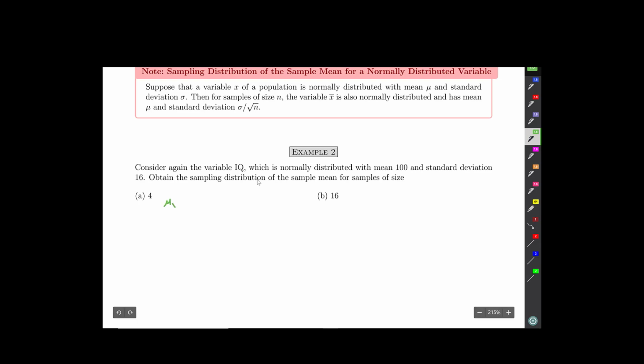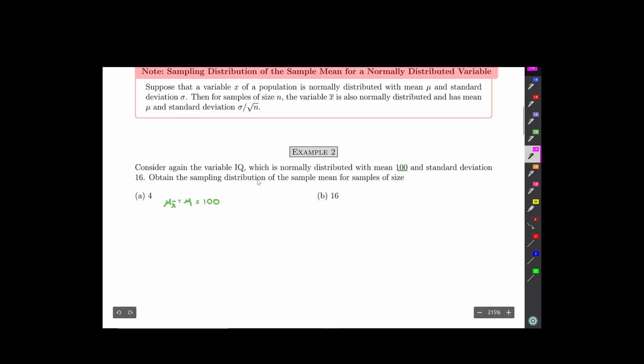We know in part A that mu sub x bar is equal to the population mean. Our mean is 100. So our mean of all of our samples should be 100 because the mean of our population is 100.